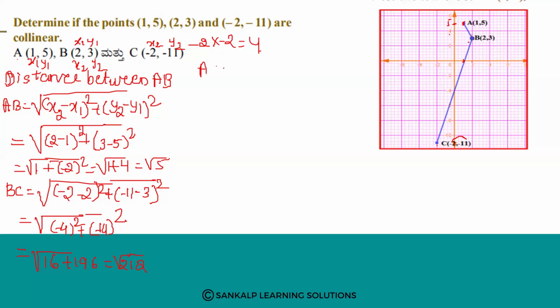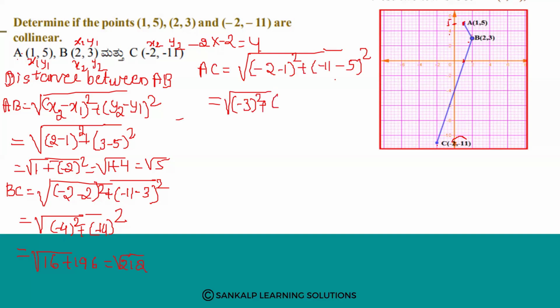Now calculate the value of AC. How are we going to find out AC? Consider A to C. When A to C, this is x1, y1 and this is x2, y2. So (minus 2 minus 1) whole square plus (minus 11 minus 5) whole square. Minus 2 minus 1 is minus 3 whole square, plus minus 11 minus 5 is minus 16 whole square.